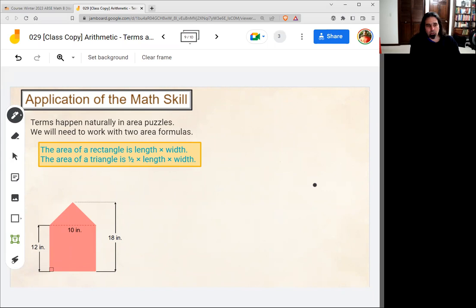So I'm going to start by writing an equation that doesn't even have any numbers in it. It's that the area of the house is the area of the square on the bottom plus the area of the triangle.